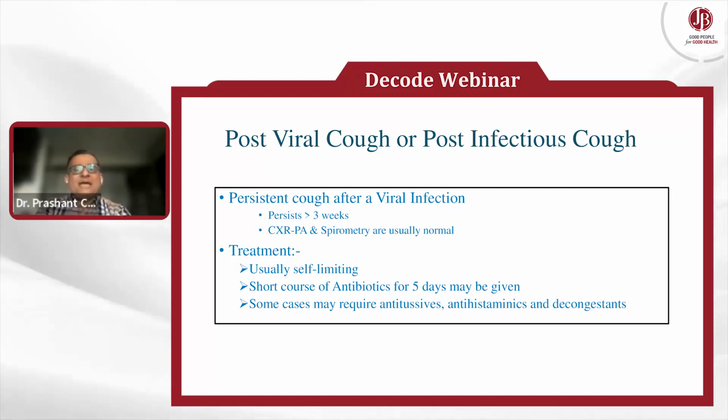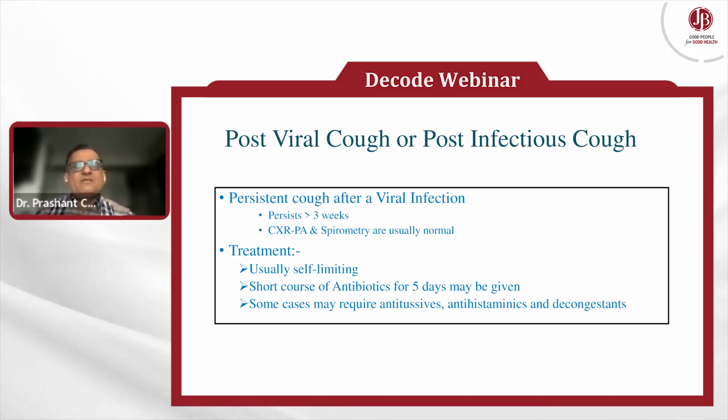And some may require antitussives, antihistamines, and decongestants. So I think this is an area where the symptomatic treatment is extremely useful. And this is the area where cough suppressants, maybe syrups or lozenges, can be very, very useful in reducing the cough.